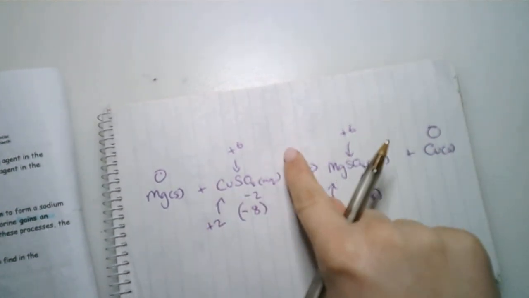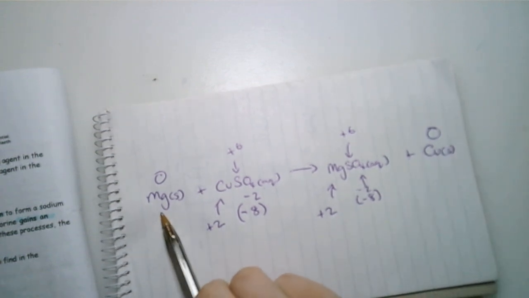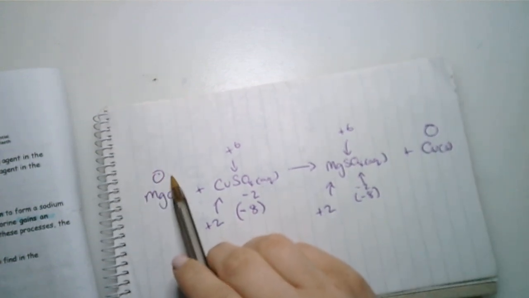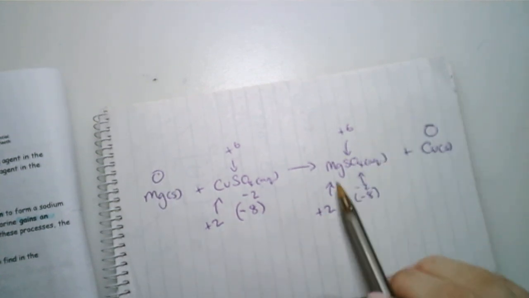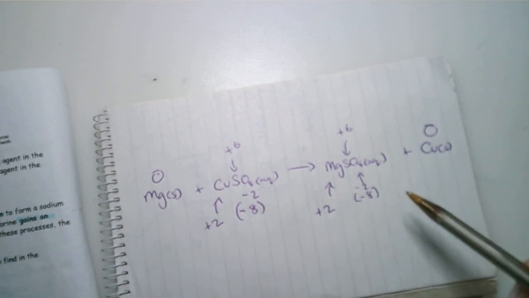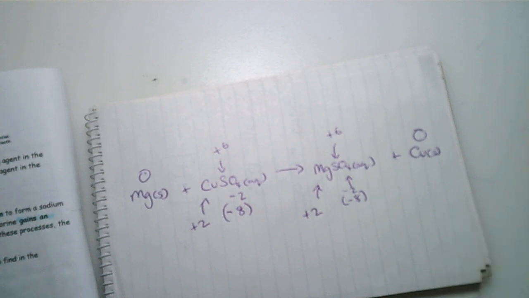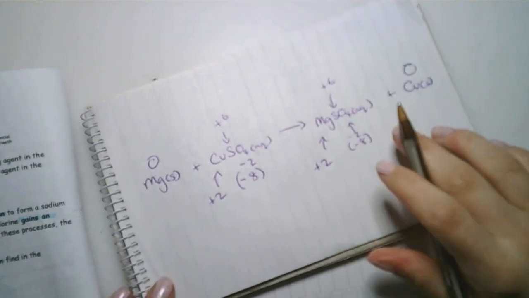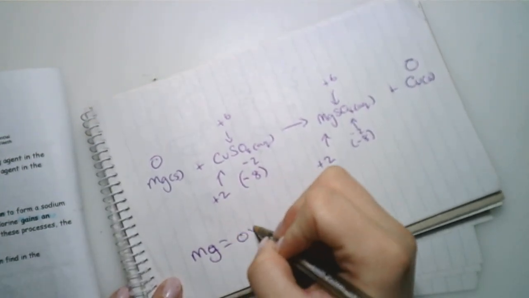So now we have all the numbers, and if you look, magnesium goes from having an oxidation number of 0 to an oxidation number of +2, so that means that it's oxidized, so it's lost electrons and its oxidation number has increased. So magnesium has been oxidized.